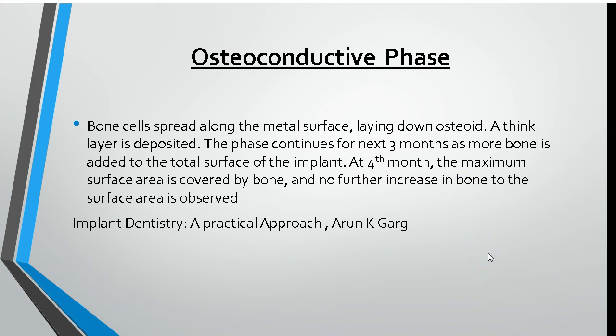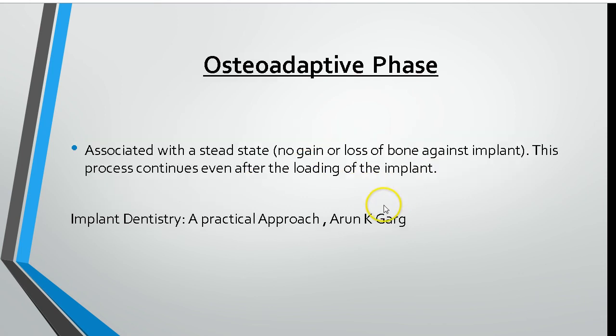You lose about 0.01 in a healthy osseointegrated implant every year, but nothing significant. The main bulk of the bone is created up to four months. Then it goes into the adaptive phase, where there is no net loss or gain, and the body is pretty much in equilibrium.